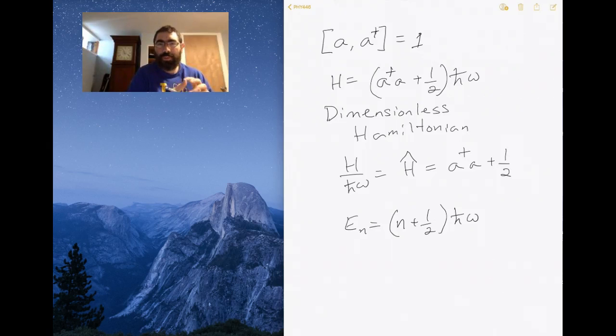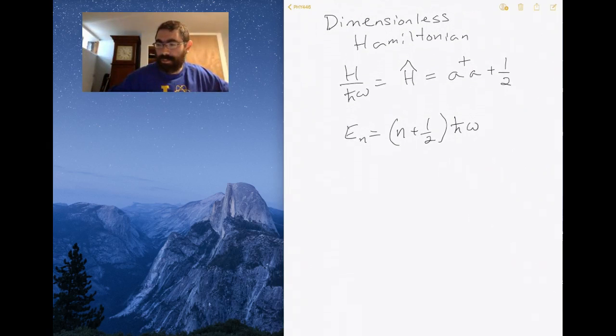Instead, we just have these two unique operators, A and A dagger, which contain position and momentum, but in a much more concise form, and what we'll show soon enough is an easy route from the Hamiltonian operator to the energy equation for that.